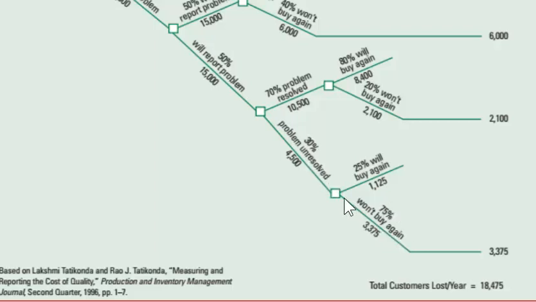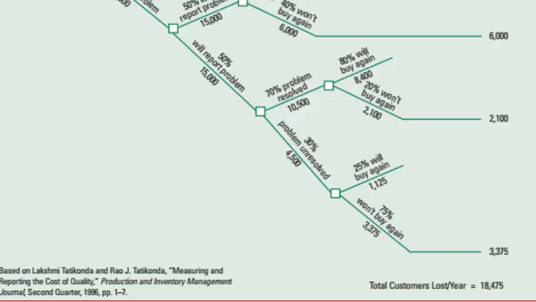Obviously, practically, maybe all of them would not leave, but some of them would buy because they may not have a choice, or they still find that after this problem also, this brand is still worth buying. Their services are still good, or they have some reason. So this 3,375, these many customers gone again.